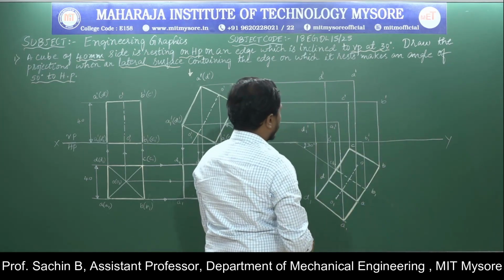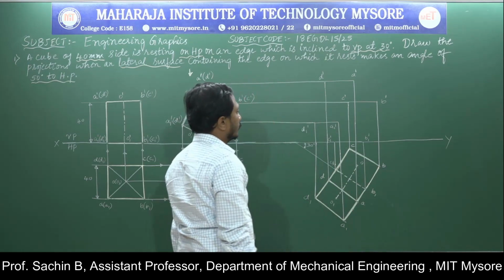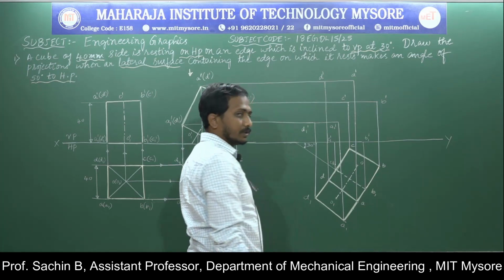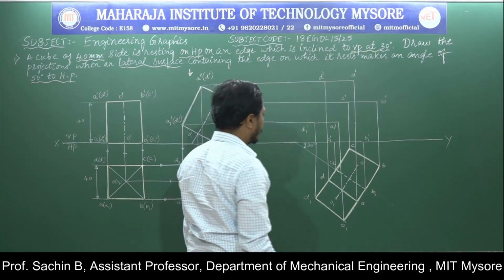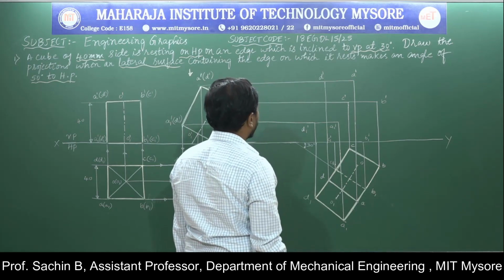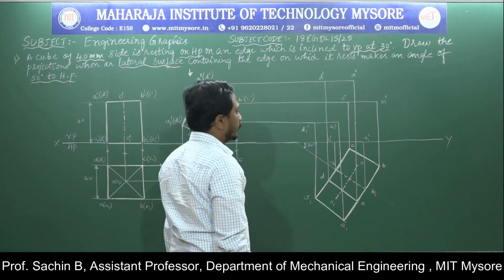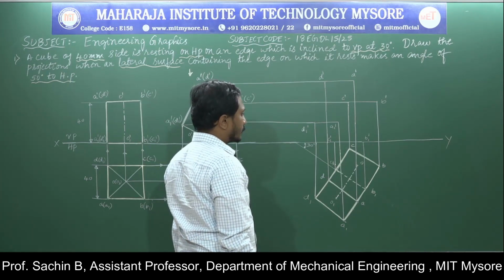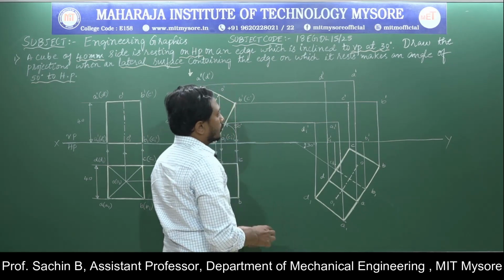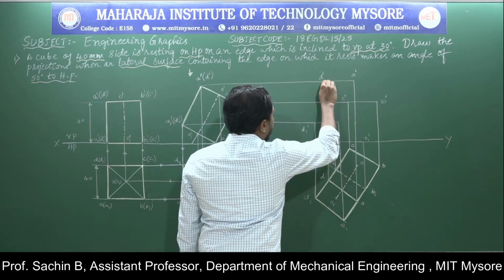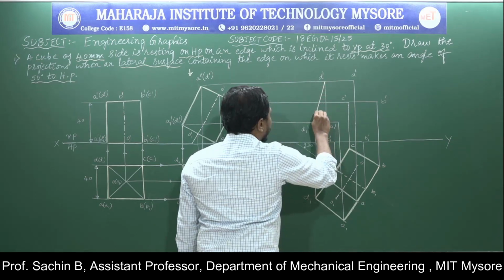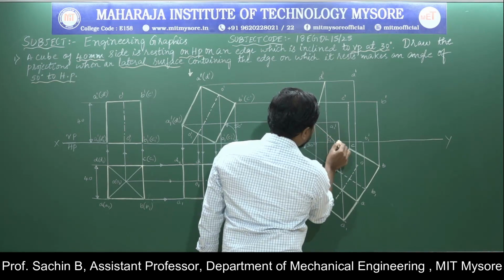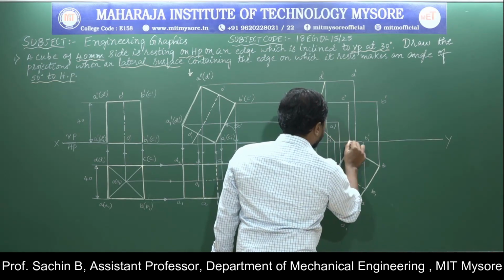Now I will go for joining it. Before joining it, there is one more concept, that is nothing but the visible and invisible concept we are going to apply. According to it, the outermost edges are visible. Based on that, I will go for connecting it. Now D dash to D1 dash, D1 dash to C1 dash, C1 dash to B1 dash.